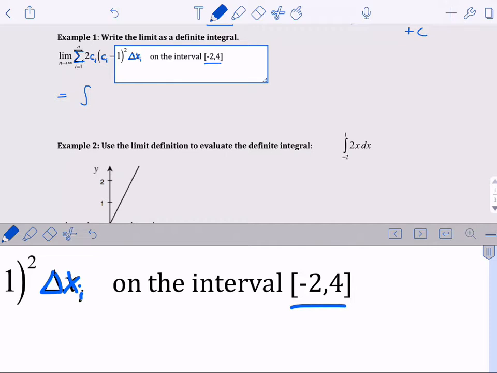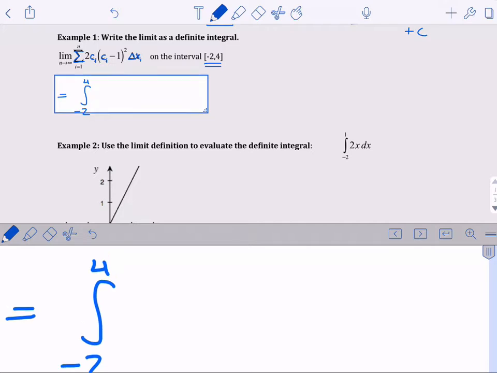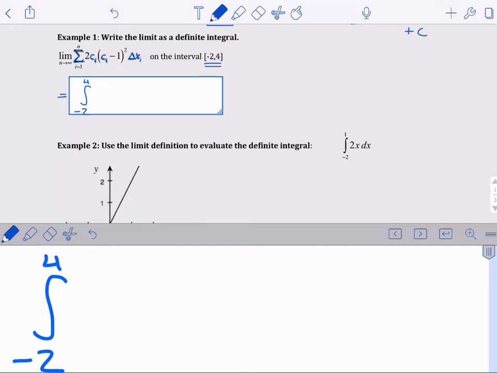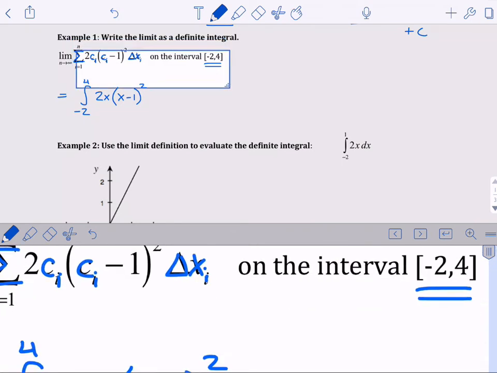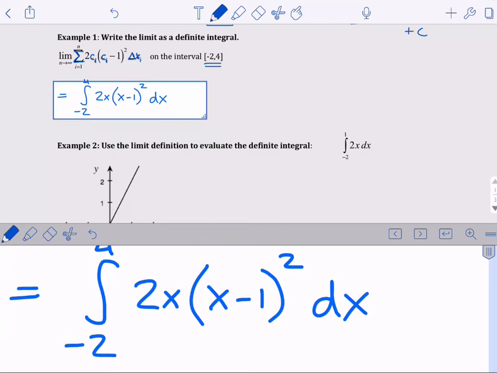Now it's on the interval negative 2 to 4, so it's going to be the definite integral from negative 2 to 4 of my function. So we're really just going to replace c sub i with x. So it's going to be 2x times x minus 1 squared. And then the delta x sub i is going to change into dx. So this is the calculus notation for that limit.